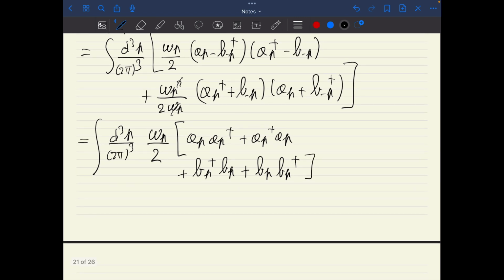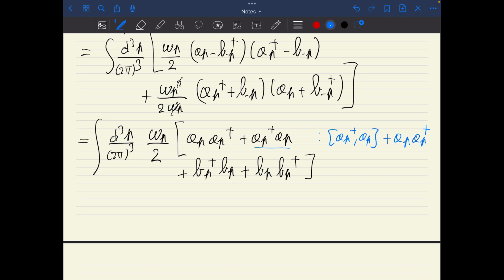And what we can do is to write that as, let me just write it there. So if I just take these two a terms, okay. The first one we recognize as the number operator, from quantum mechanics. So that's the number operator for the particle that's created by the operator a†. But we have the second term here, which we can write simply as a_p a†_p plus the commutator.